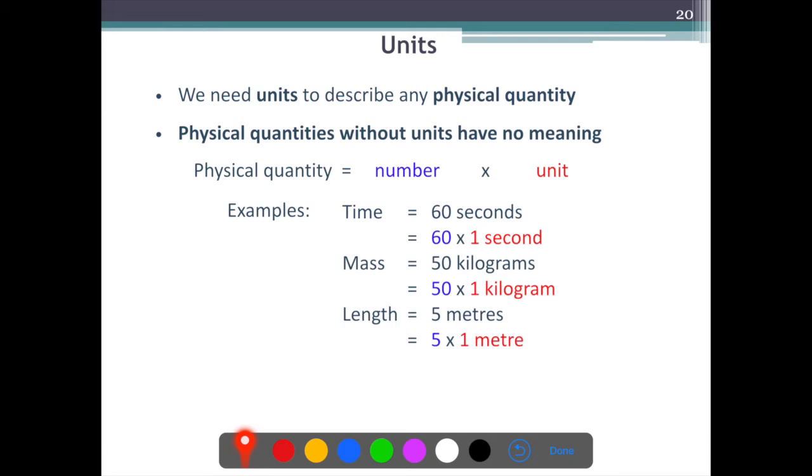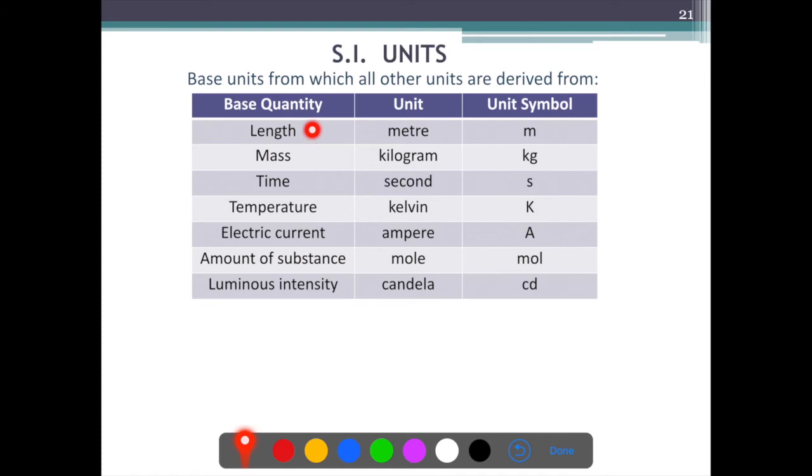Okay, so for example, time, when we say 60 seconds, that means there are 60 times 1 second in the time of 60 seconds. 50 kilograms means 50 multiplied by 1 kilogram, and so on. So as we learn different physical quantities in this course, we will encounter different units, and we already encountered some of them. For example, the unit of length is meter. The unit of time is seconds.